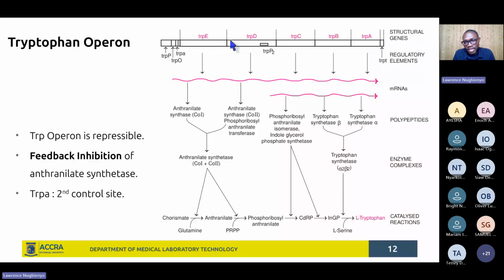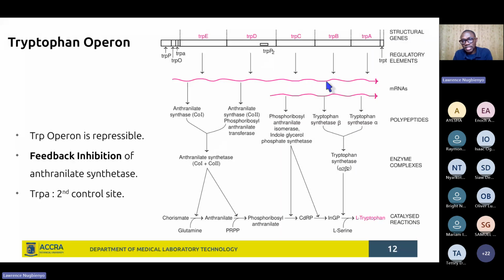But there's something more interesting about this. You will think that if it's coding for 5 proteins, then you just will have the messenger RNA transcribed along it, and then along the messenger RNA, the various corresponding fragments of the messenger RNA will just code for the proteins.